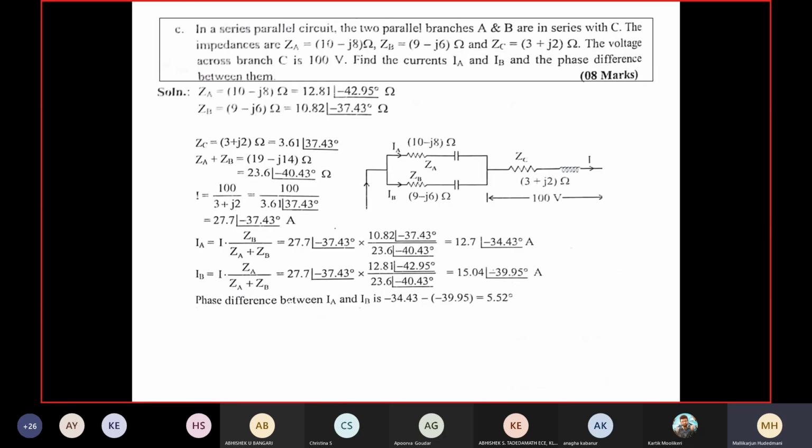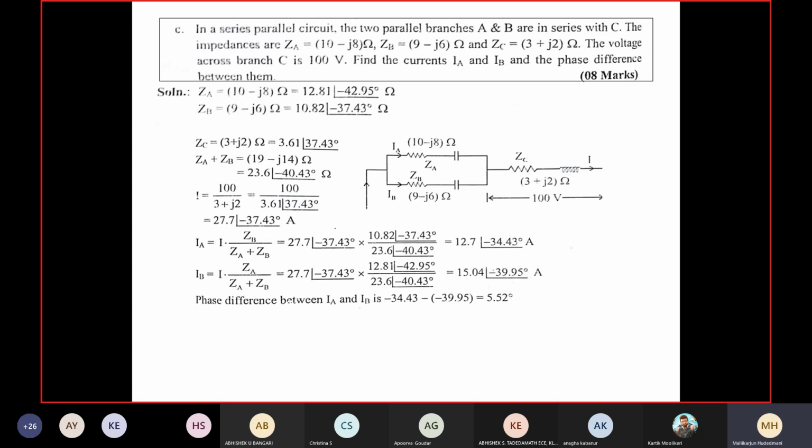Okay. Similarly, I have another problem. You have been given a series-parallel circuit: two parallel branches, A and B, are in series with a third branch, C. They call them branch A, branch B, branch C. A and B are in parallel, and the combination is in series with C. ZA, ZB, ZC are given.